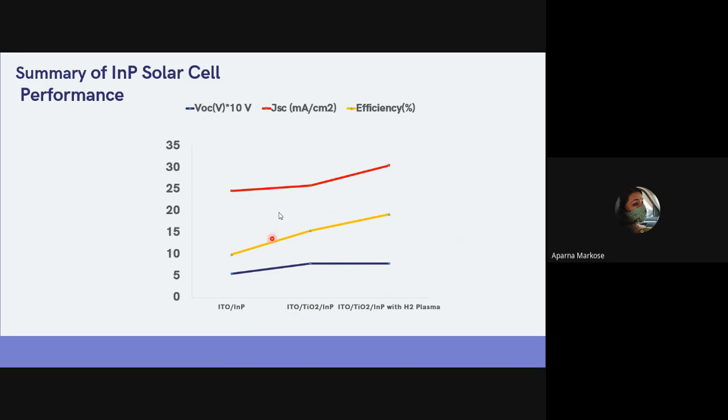Overall, only in the case of voltage, when you do the hydrogen plasma treatment, it is not changing. But with the titanium dioxide deposition, the voltage is a little bit increased, current is increased, efficiency is increased.